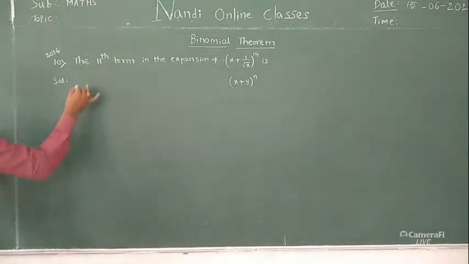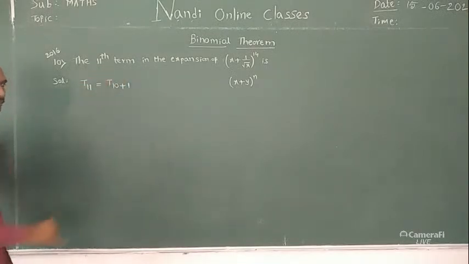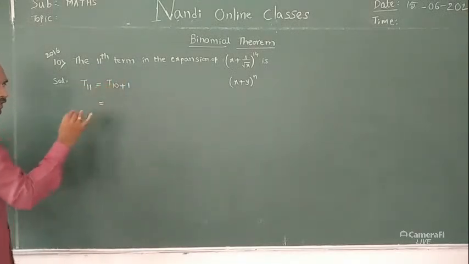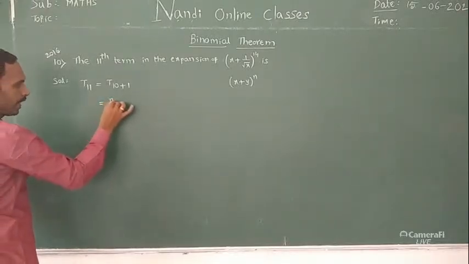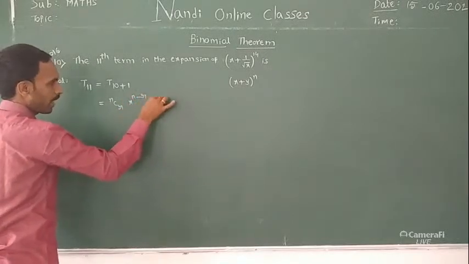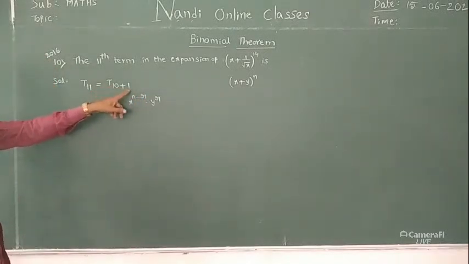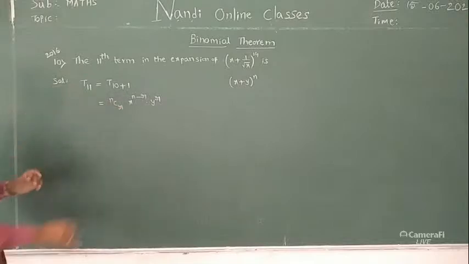So the 11th term is denoted by T11. T11 can be written as T10 plus 1. It is in the form T r plus 1, the general term formula: nCr into x power n minus r into y power r.